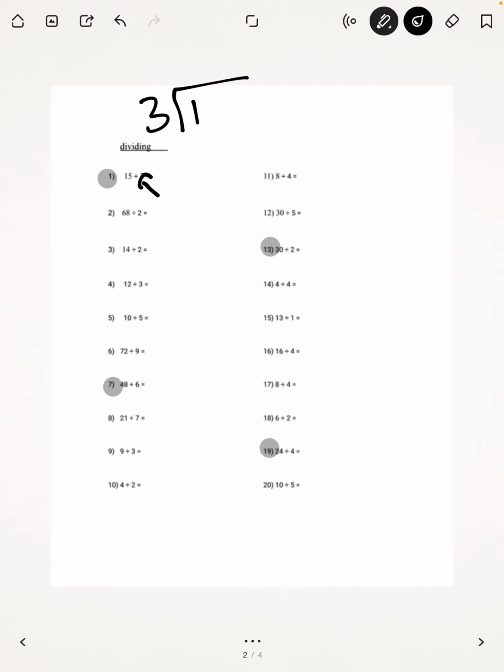And then you put 15 inside. You see if 3 could go into 1, which it can't. So it goes on to 15. Can 3 go into 15? Yes. 3 goes into 15 5 times. After you multiply these two numbers, which you get 15, you subtract it on the bottom. If you get 0 on the bottom, that means this is your answer up here. So this one would be 5.